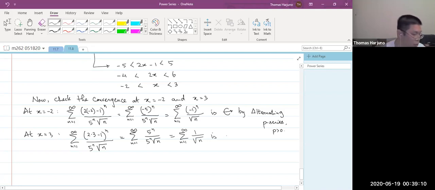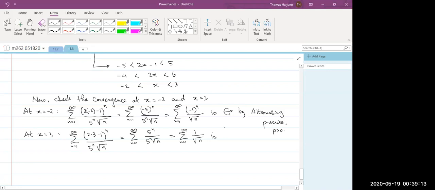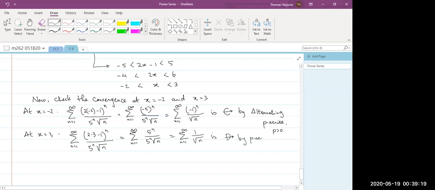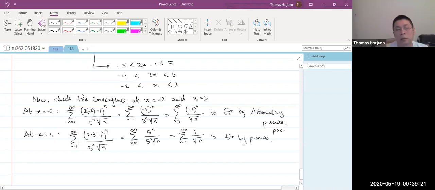Convergent or divergent? Divergent. Why? P is less than 1. P equals 1/2, which is less than 1.